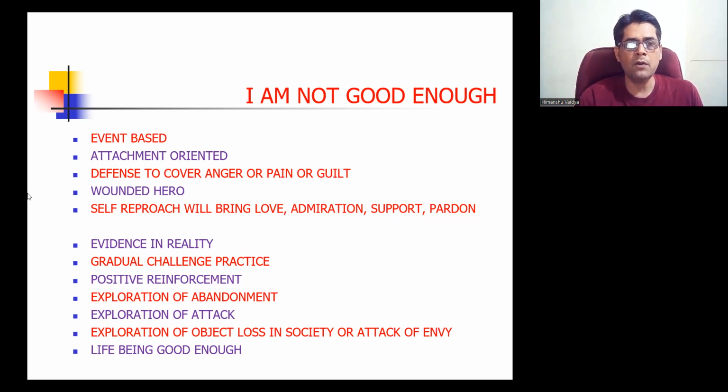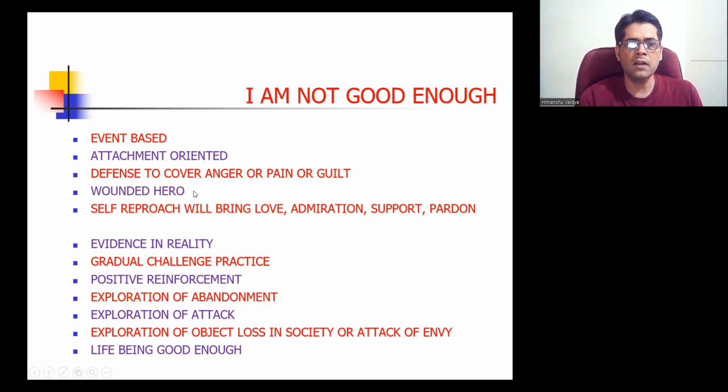Or it may be attachment oriented, that the parents are not good enough, but the child takes it on himself that I am not good enough to maintain the attachment. Or it may be a defense to cover up anger, pain, or guilt related to somebody you are strongly attached to.